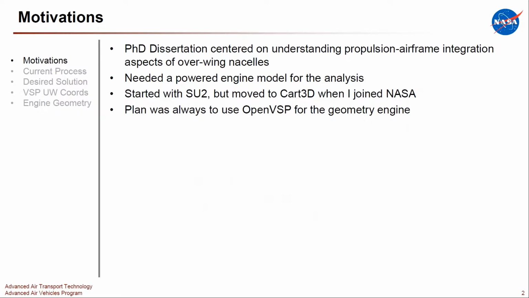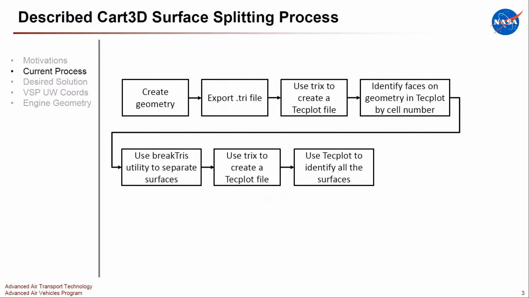When I got started with Cart3D, the process for making an engine model or a power boundary condition model was: you create some geometry, which for me is on my workstation, a Windows computer using OpenVSP. Then you take your VSP model and export a tri file. Cart3D is, of course, on a Linux system.